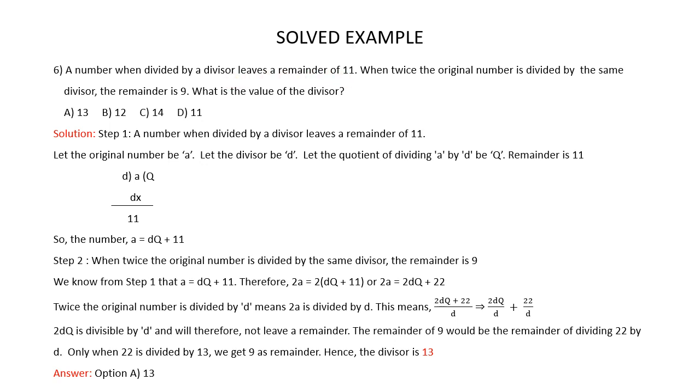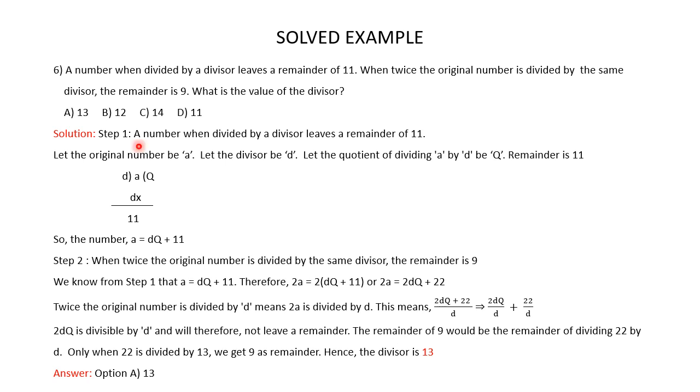When twice the same number is divided by the same divisor, you get the remainder as 9. You have to find the value of the divisor. You are given 4 answer options and you have to find which of these 4 answer options is correct.